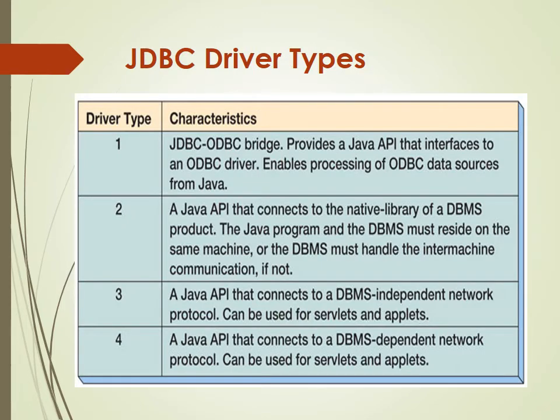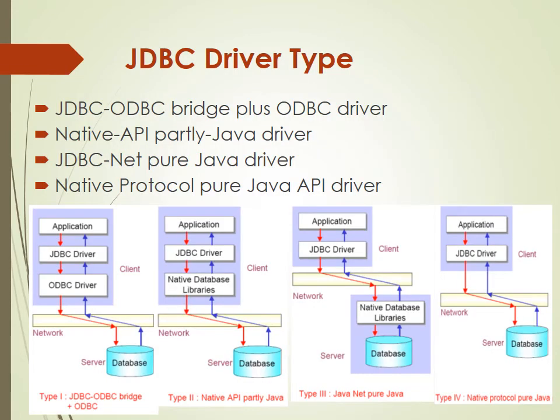So here you can see the characteristics and the driver type 1, 2, 3, 4. Here again the same thing, how this pure native are working is shown here. You can see the pure driver at last. The diagram shows it connects directly to the data. Our application would be having JDBC driver and it would be directly connecting to the database.